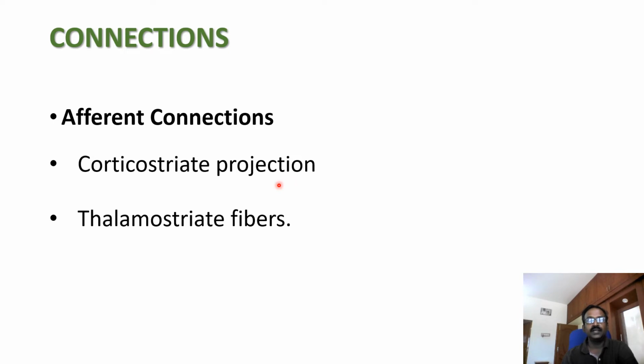It releases an excitatory neurotransmitter like glutamate. And the thalamostriate fibers originate from the thalamus to the striatum. In the thalamus, they mainly originate from the intralaminar nuclei, medial nuclei, dorsomedian nuclei, and ventral anterior nuclei.